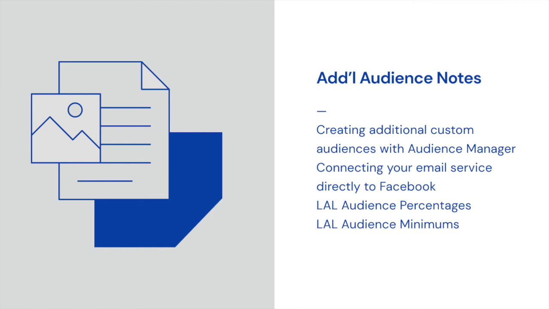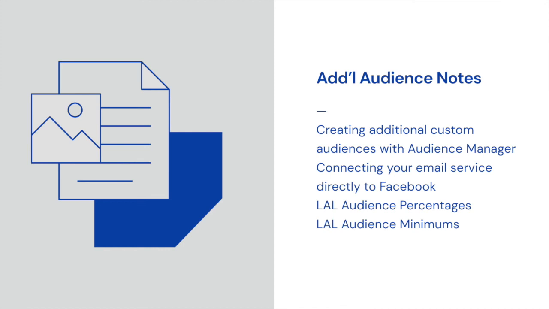We mentioned the audience percentages and the audience minimum. So, lookalike audience percentages. What does 1% versus 10% mean? 1% being more similar, 10% being less similar, and those audience minimums. So it's not exact. And sometimes your matching in Facebook is going to be tough.